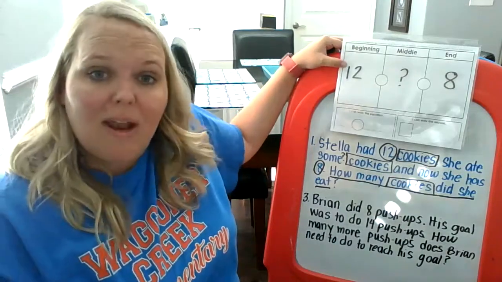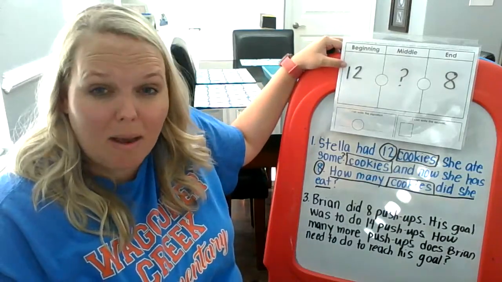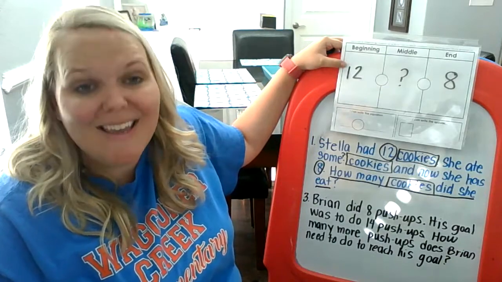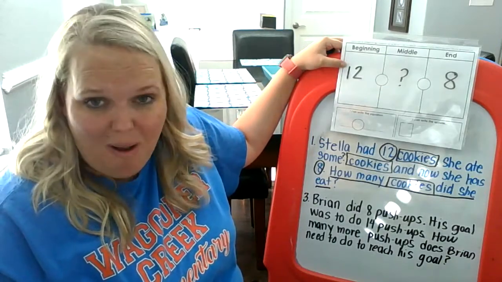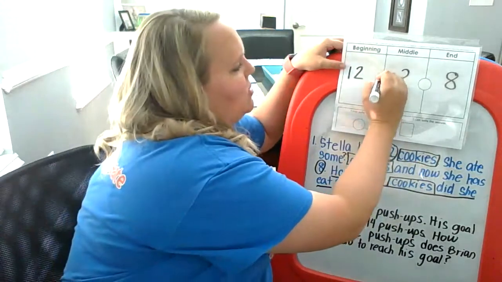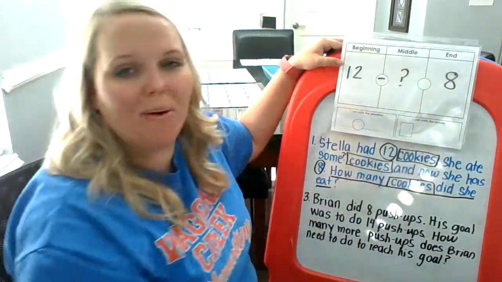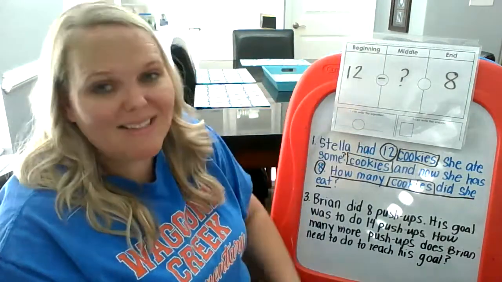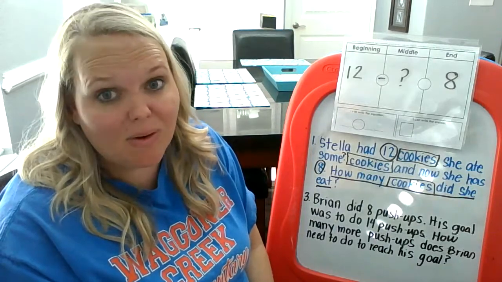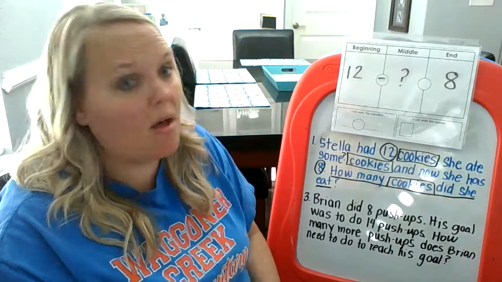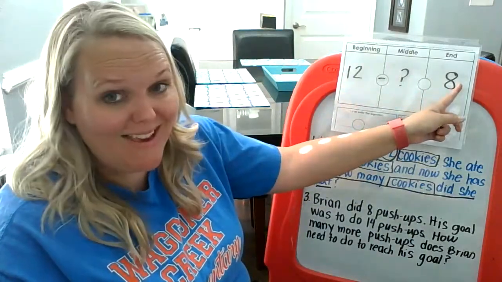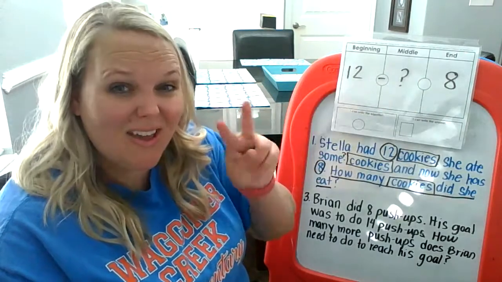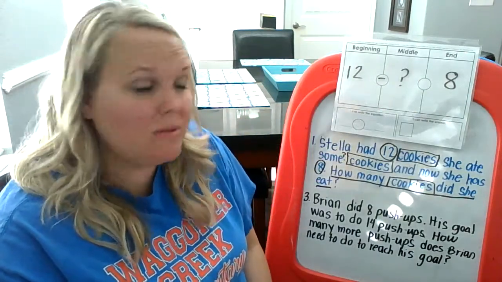I also know that I need to subtract because my big number, or like we call him Big Daddy, is at the beginning of the problem. So I know that I need to take away so that my number can get smaller. So let's figure out 12 minus what equals 8. There's a lot of different ways to solve this, and I'm simply going to count backwards, okay? And you can solve this in a different way. You can do 12 minus 8, and that would actually give you this answer, kind of like in our fact families when we flip-flop those around.